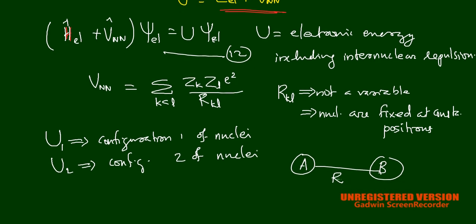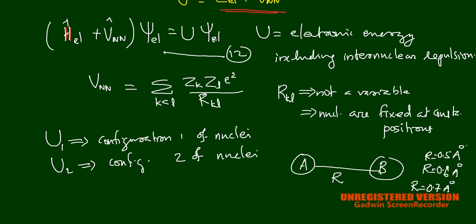You fix the R value at a certain distance, for example 0.5 angstrom, then you solve the Schrodinger equation and get a particular U value. Then you change the R value to 0.6 angstrom and find the U value. Then you again change the R value and fix it to 0.7 angstrom, like that.